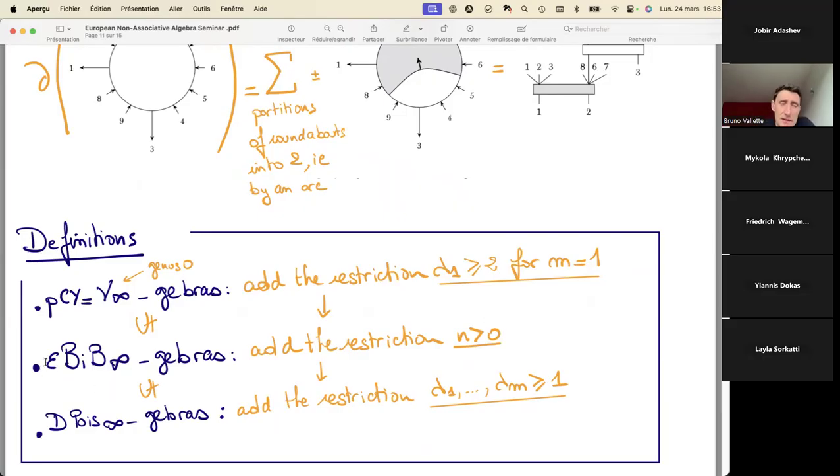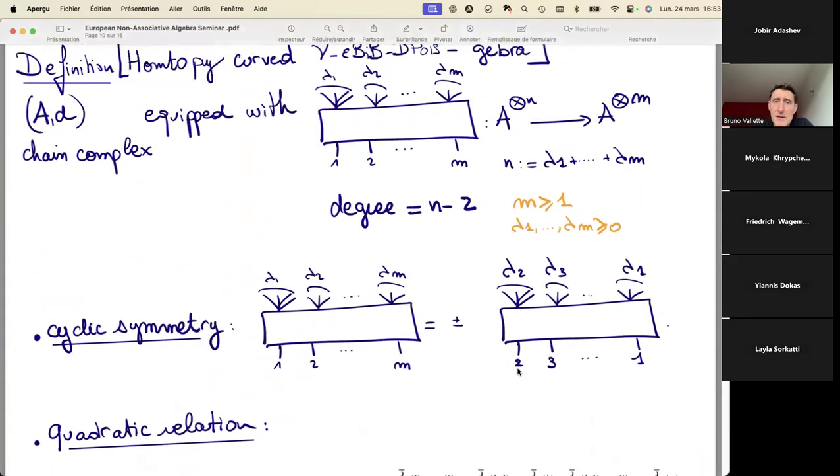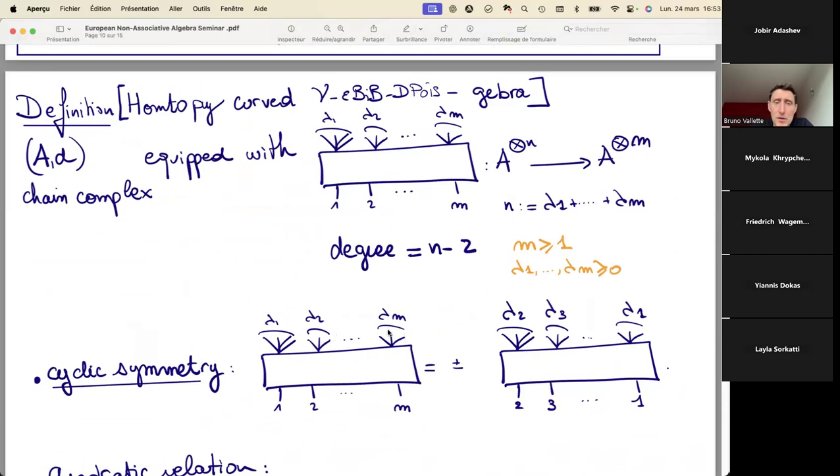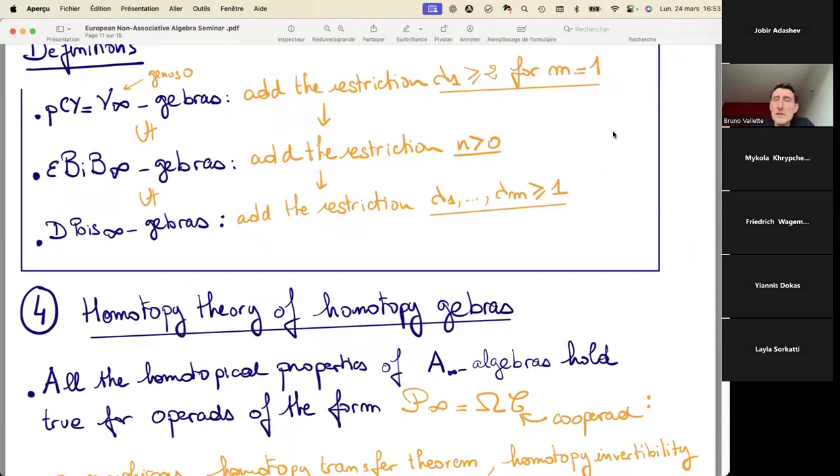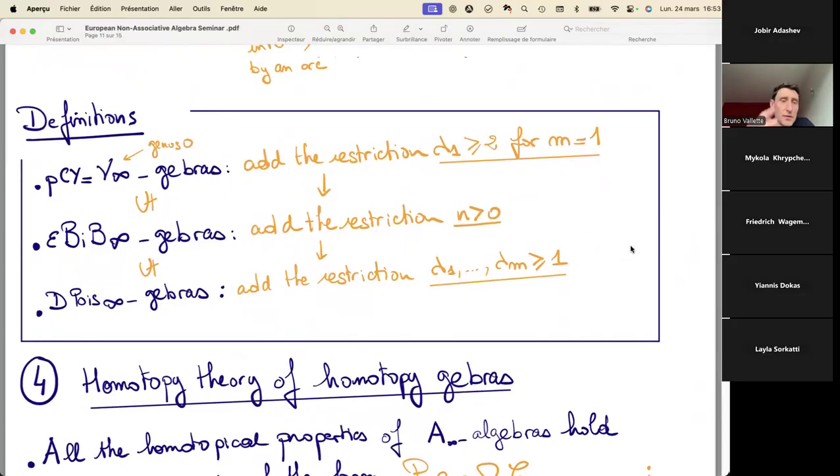When you look at homotopy infinitesimal bialgebras, you need to ask that you have at least one input. And when you're doing homotopy double Poisson, you need to add more, that each of these has at least one element, which was not the case for the previous. But anyway, this is the difference between the three notions.